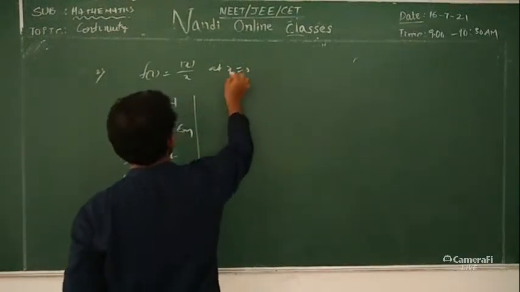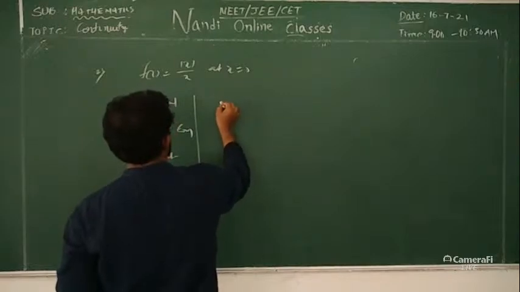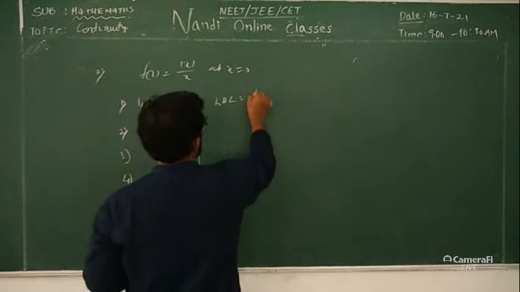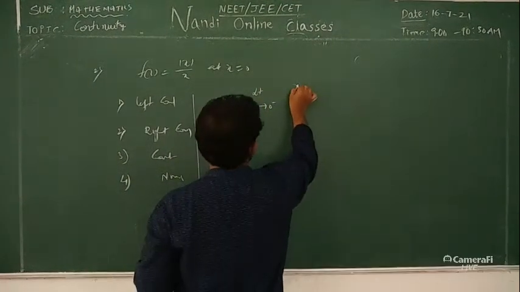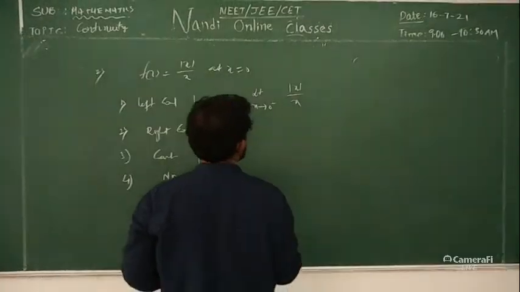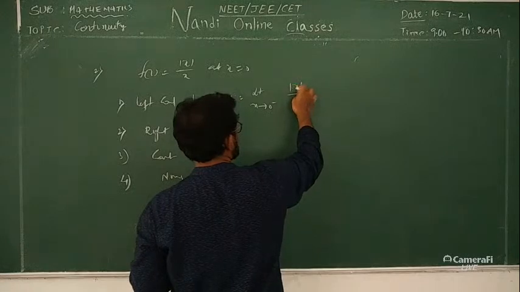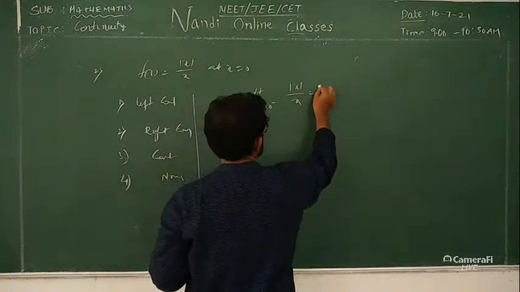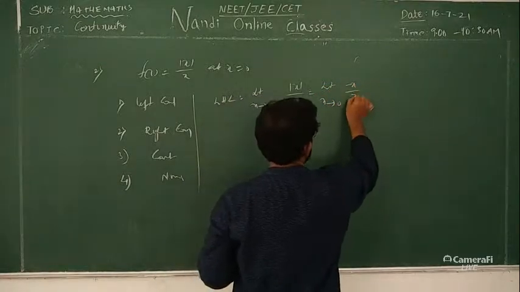Simple. At x is equal to 0 we want to find out. So LHL we try to calculate. LHL is nothing but limit x tends to 0 minus mod x by x. So 0 minus is nothing but x value is negative. Therefore it can be written as limit x tends to 0 minus of minus x by x.